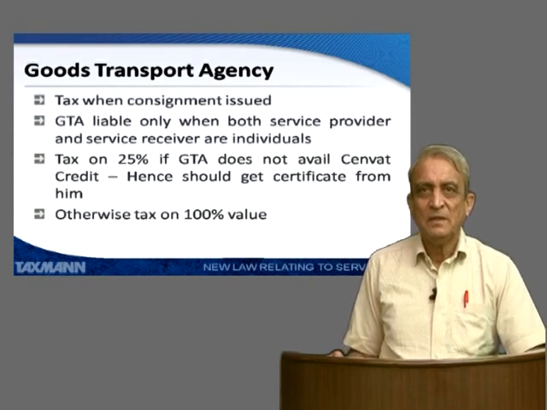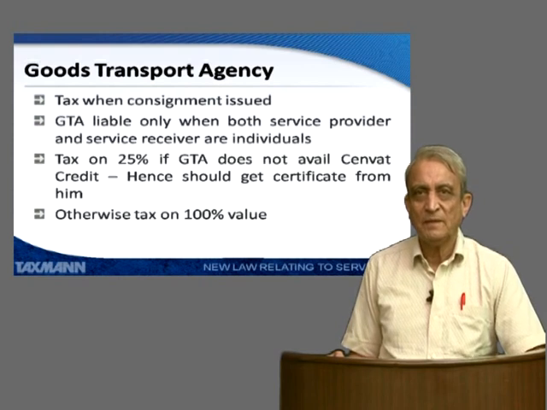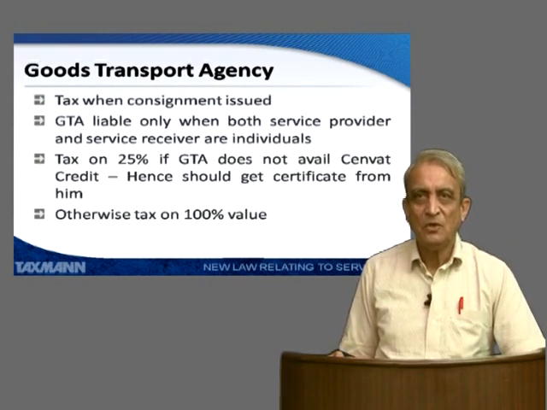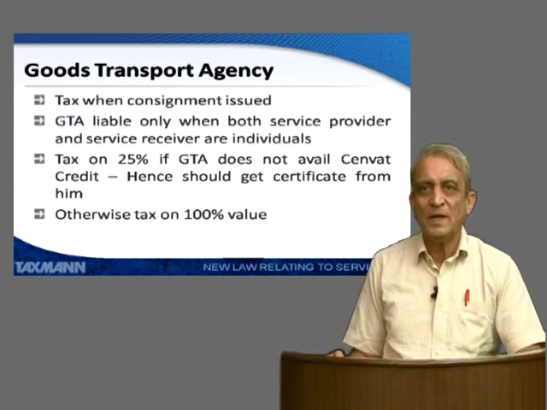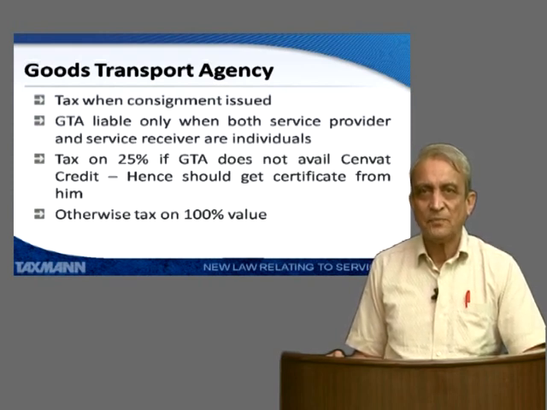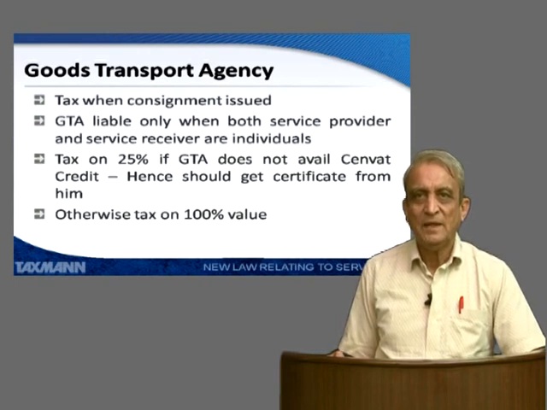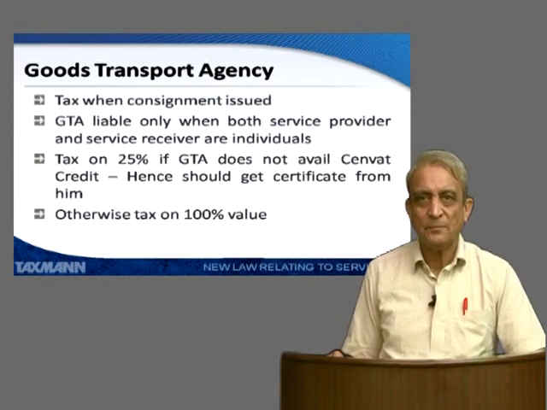Now, this goods transport agency is in most of the cases not liable to pay service tax. It is liable only when both service provider and service receiver are individuals. In most other cases, tax is payable by the consignor or consignee who is paying the freight.